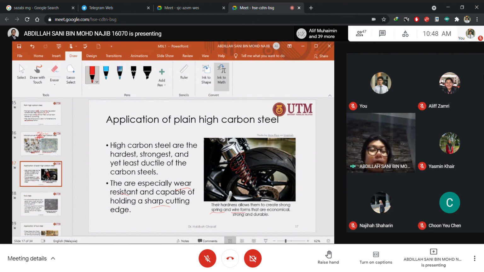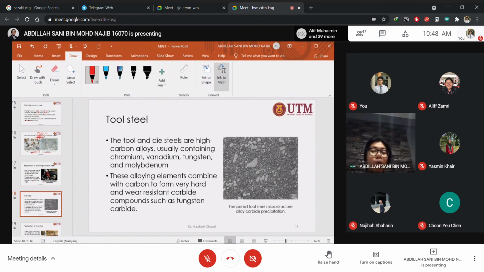Now we add some alloying element. When we add alloying elements like vanadium, tungsten, moly, what we have is the formation of precipitate. Like usual, when you add alloying element beyond the solid solubility limit, it forms precipitate.